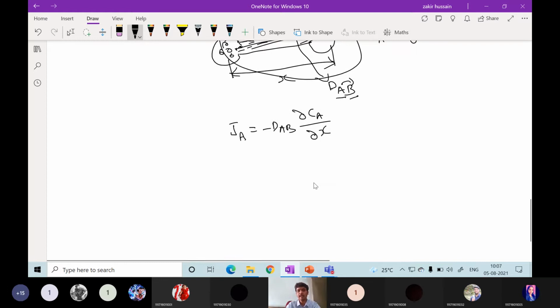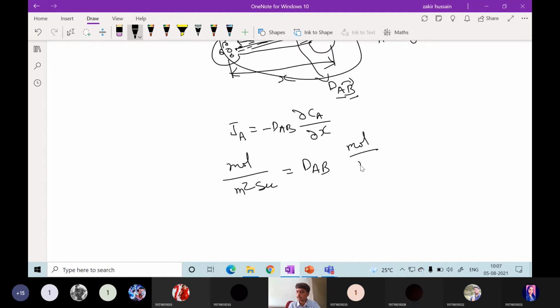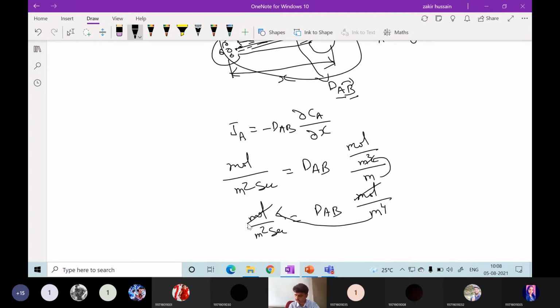J_A will have units of mole per meter square second, equal to D_AB. For the time being, neglect this minus. Then the C_A units we already know: mole per meter cube. X is the distance, which is meter. So mole per meter square second is equal to D_AB mole per meter power 4. Cancel out mole and mole.